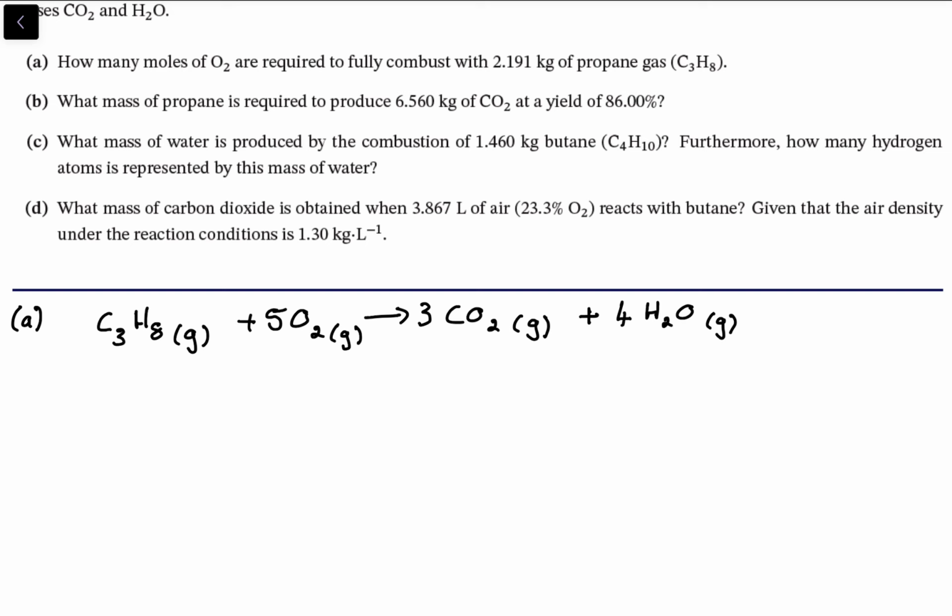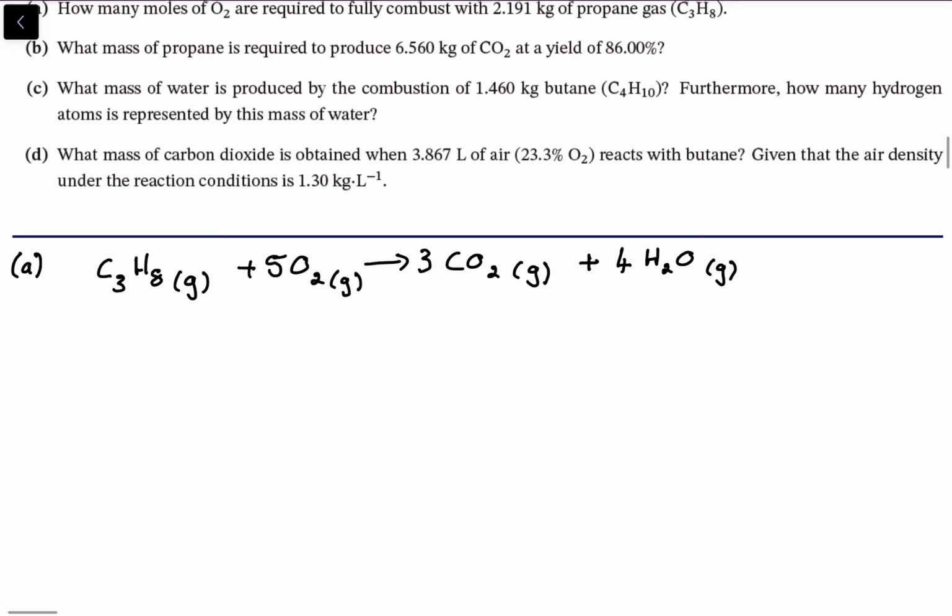Well, then we can start looking. How many moles of oxygen do we need to combust with such a mass of propane gas? We know we can't relate masses, we can only relate moles. So we need the number of moles of propane gas. That's the first thing that we will need to calculate. To calculate the number of moles of propane gas, we will take the mass of the propane gas and divide it by its molar mass.